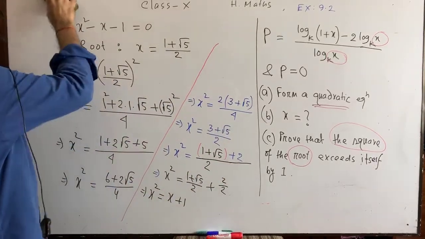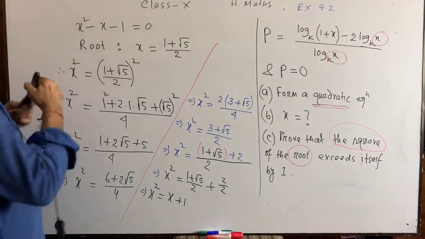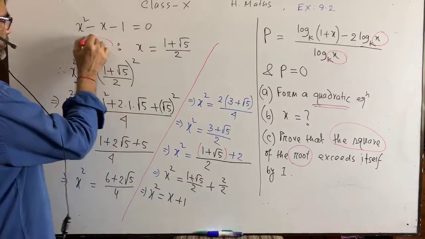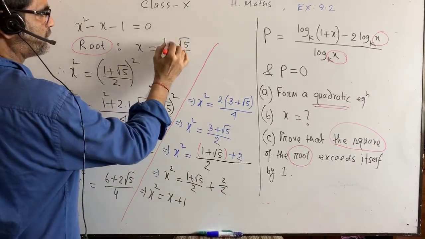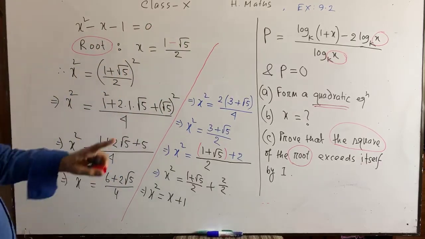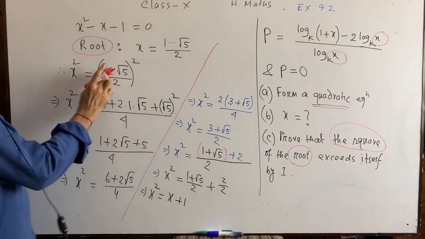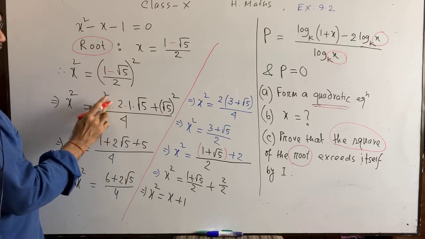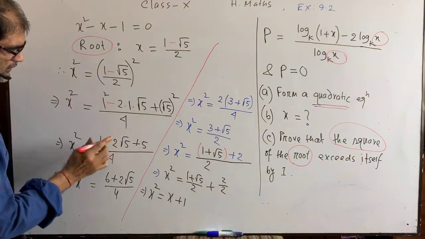What I am going to show is that suppose your root is 1 minus root 5 by 2. Suppose you don't need to do it, just you see. Then what would be there? It is minus 1.